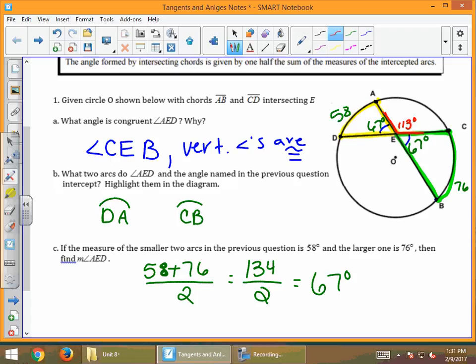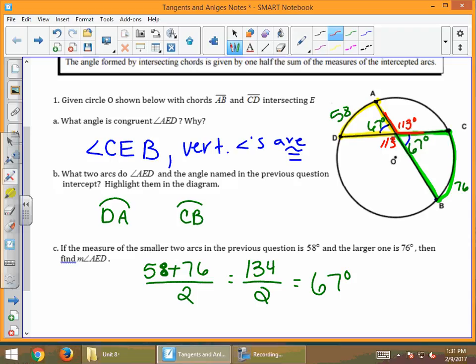What's that special name for these? They sit on a straight line. Supplementary is another special name. Linear pair. Yeah. So when you get a linear pair, this angle is 113. That angle is also going to be 113. You might have to recognize that sometimes.